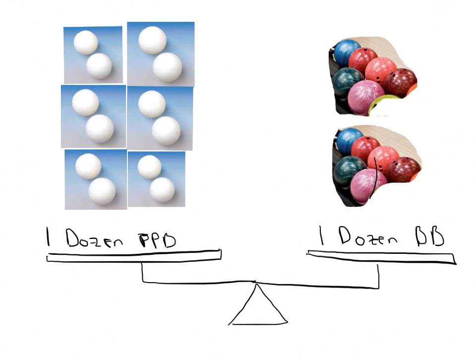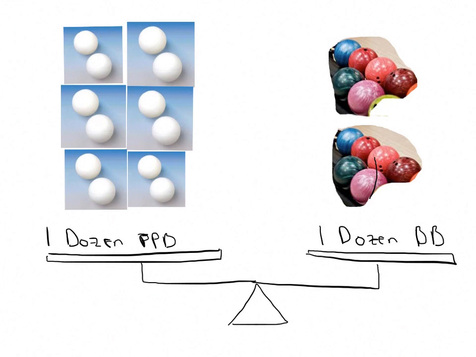But if I were to ask you which one I have more of, well, a dozen of anything is the same number. So we could count up the ping pong balls: 1, 2, 3, 4, 5, 6, 7, 8, 9, 10, 11, 12. And the bowling balls: 1, 2, 3, 4, 5, 6, 7, 8, 9, 10, 11, 12.